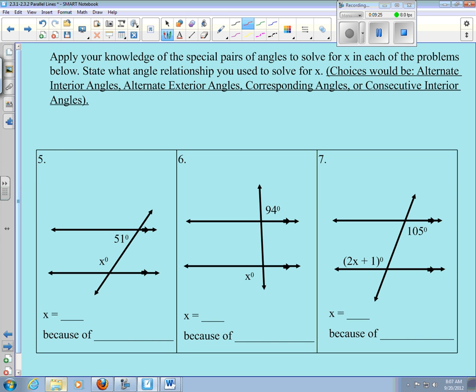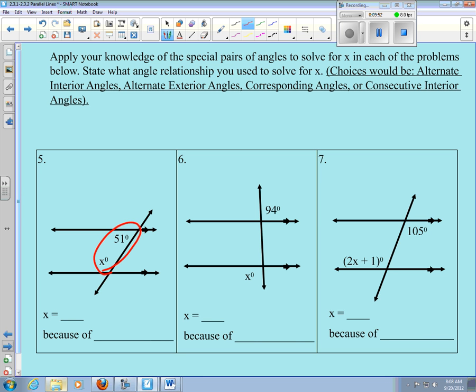All right, apply your knowledge of special pairs of angles to solve for x in each of the problems below. State what angle relationship you used for x. Choices would be alternate interior angles, alternate exterior angles, corresponding angles, or consecutive interior angles. So for example, if I look here at 5, these two here are going to be consecutive interior angles because they're on the inside and they're right next to each other.